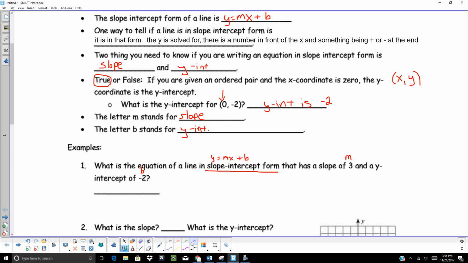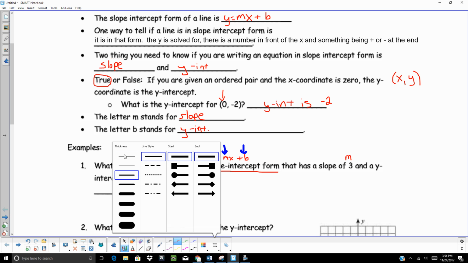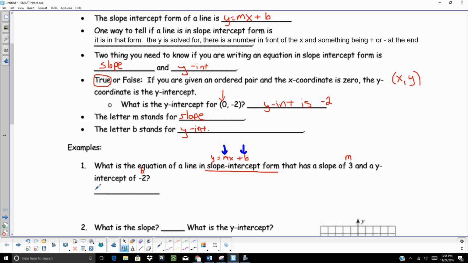And what I'm going to be substituting in is my m and my b. Those are always going to be the two things that I want to make sure that I put in. So y equals, now instead of m, I'm going to put in 3. Copy my x. Instead of b, I'm going to put -2. And that's all there is to it.